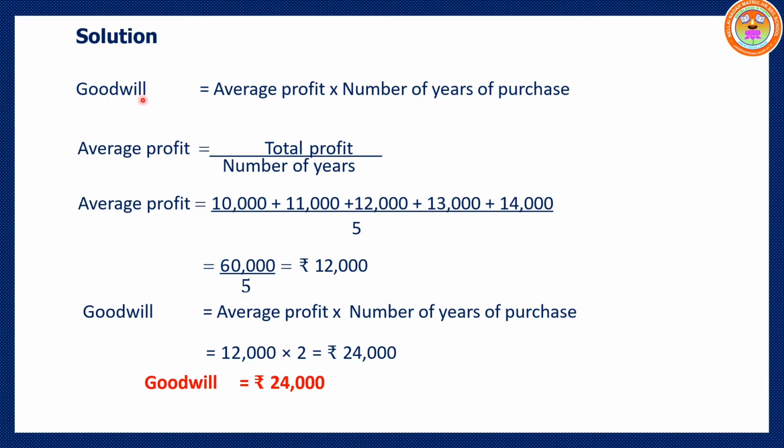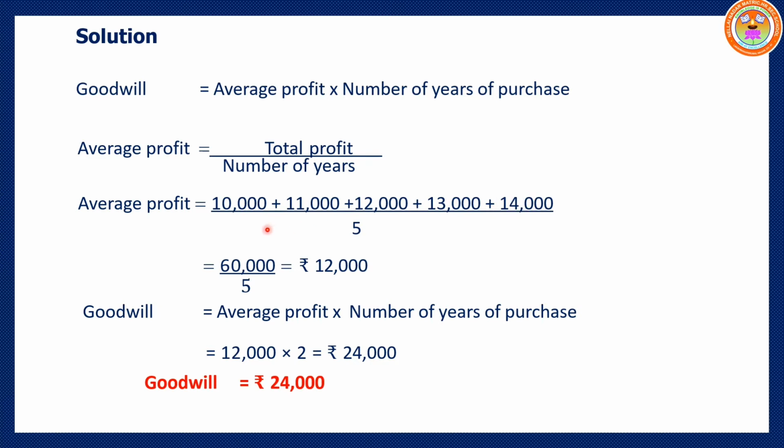Now write the formula for finding goodwill. Goodwill equals average profit into number of years of purchase. So how to find average profit? Equals total profit divided by number of years. Total profit: first year 2014, 10,000; 2015, 11,000; 2016, 12,000; 2017, 13,000; and 2018, 14,000.